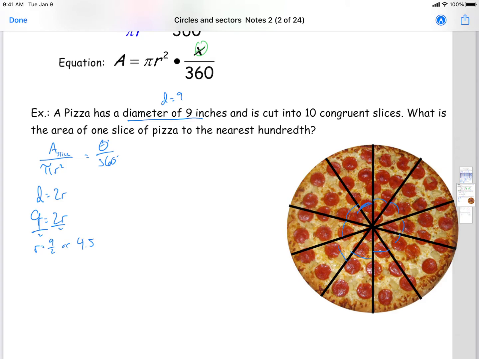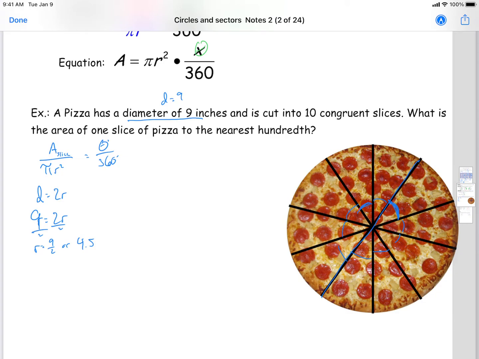Yeah, because there's 10 slices and the whole thing is 9 inches, so the diameter. What you're explaining is that this whole thing is 9 inches, but I'm asking, what's the length of this thing right here?